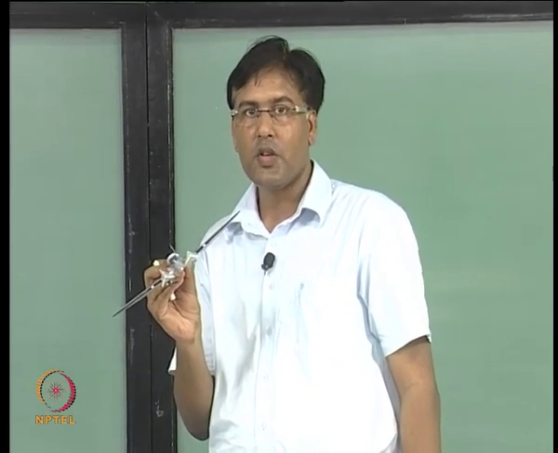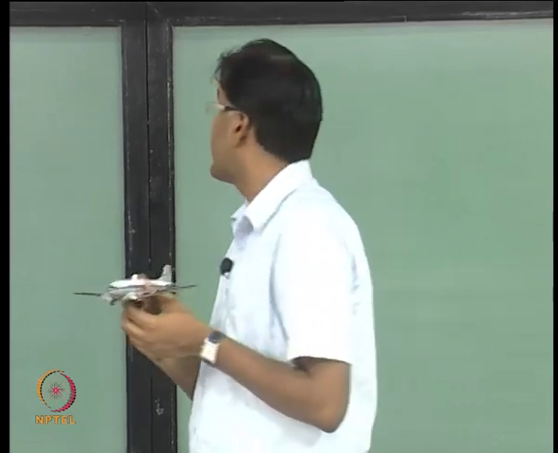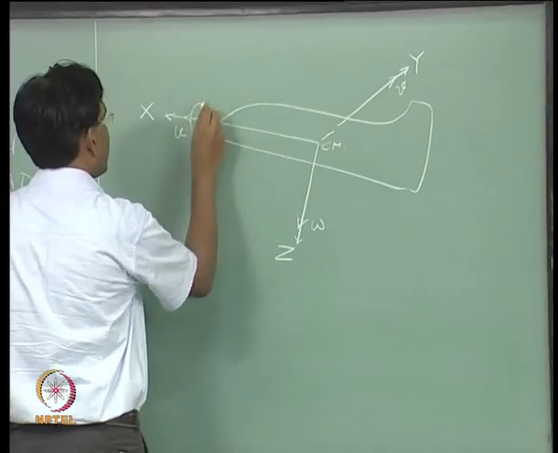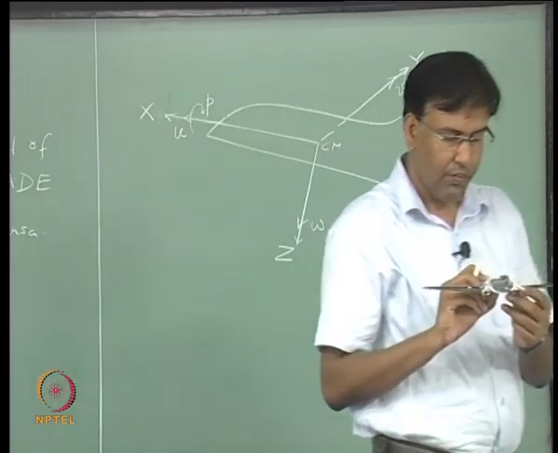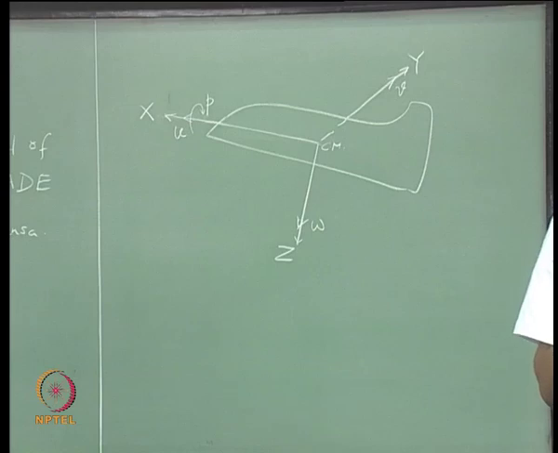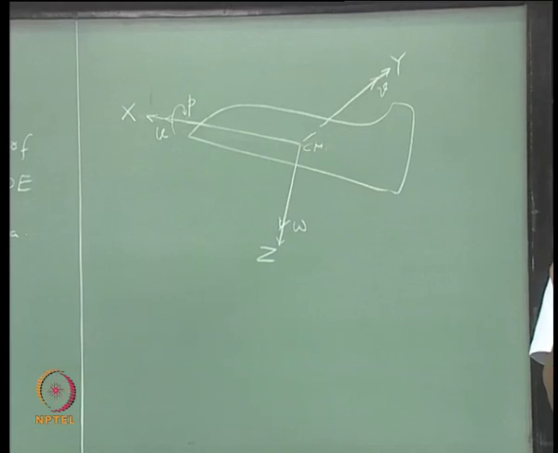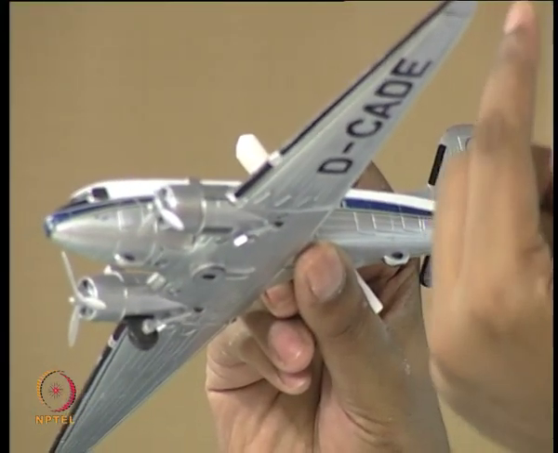So, this is the roll motion, and the associated variable with this roll motion is the roll rate, which we talked about yesterday. So, a positive roll is right wing going down and the left wing going up.